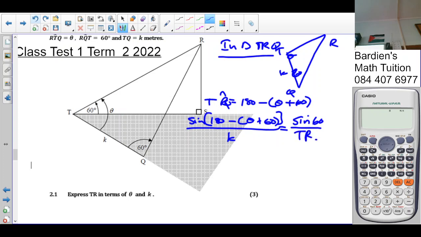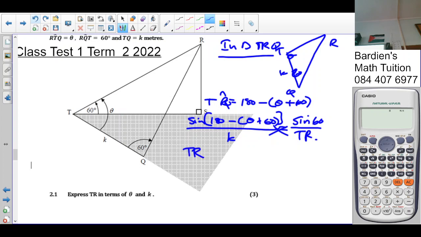If I went with sine of theta, then I'd end up with RQ, and I don't need RQ, the question was with regards to TR. That's why I have to pick up TR. Make TR the subject of the formula.